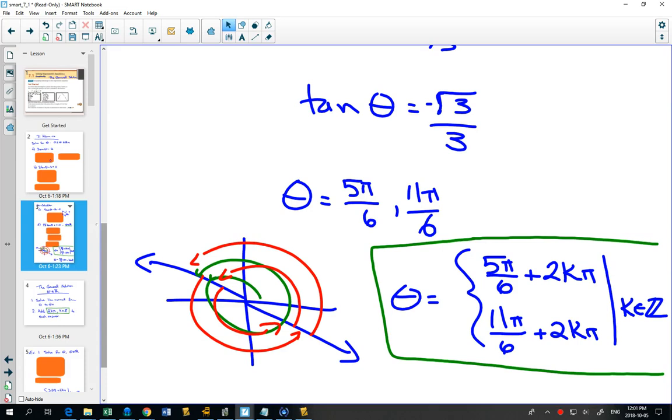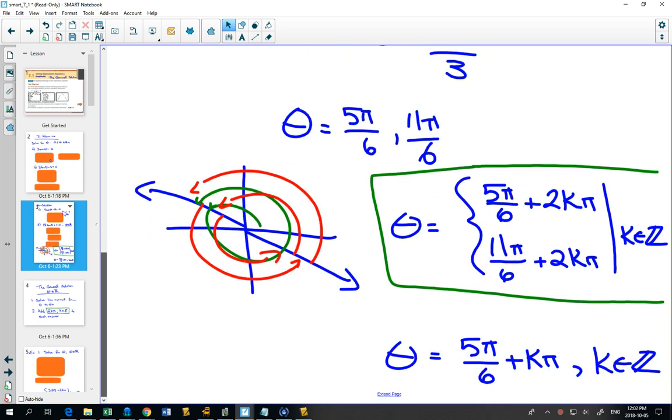But if I start at 5 pi over 6 and I just add pi, can you see that I would go halfway around, hit 11 pi over 6? If I add pi again, I'd get here, then here, then here, then here. And so a shorter way to write this one would be just to start with 5 pi over 6 and just add k pi, halfway around, halfway around, halfway around, halfway around, and then you wouldn't have to write the other one.